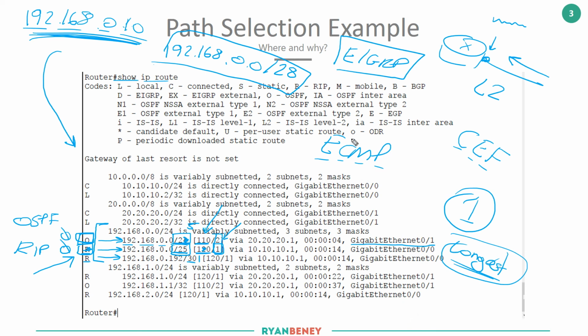But for now, we just need to understand the three methods or the order of operations with those three decisions. The longest match, if the longest match is the same, prefer the AD. Low AD wins, and if the AD is the same, within that protocol, prefer the lowest metric. And we need to understand what decision the router is making to install it inside its routing table in order to influence the correct element of that path.